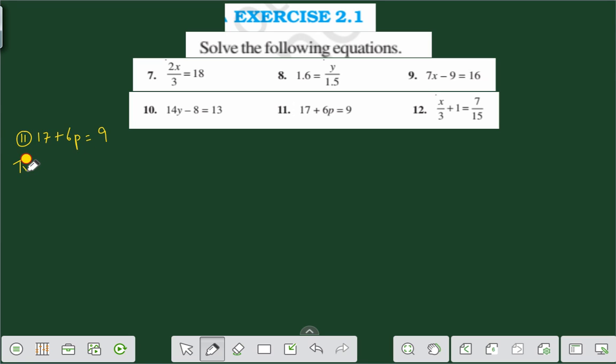Transposing 17 to right hand side, we get 6b is equal to 9 minus 17. That is 6b is equal to 9 minus 17 is equal to minus 8.